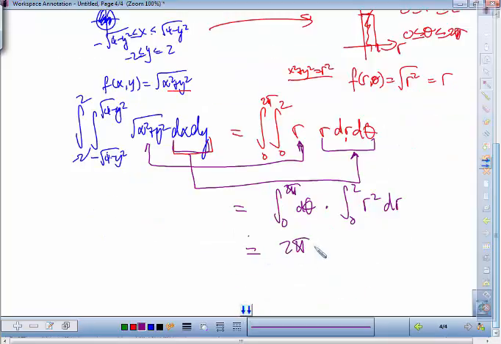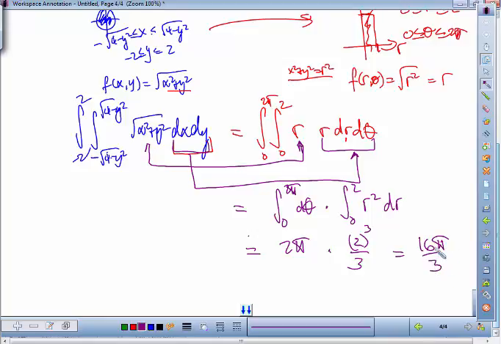That's 2 pi. This is r to the third over 3. And we put 2 in there, and then we put 0 in there. And what do we get? 16 pi over 3.